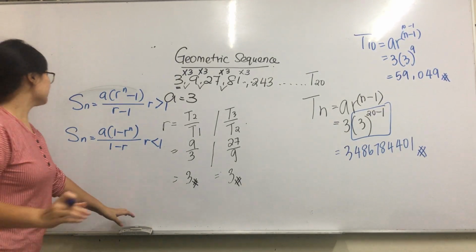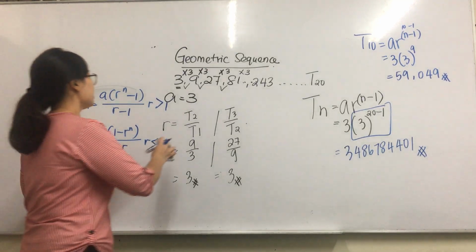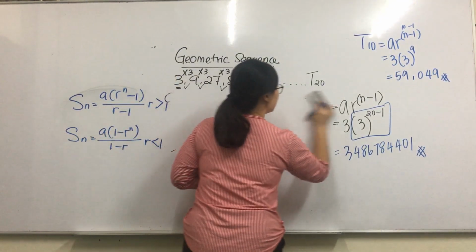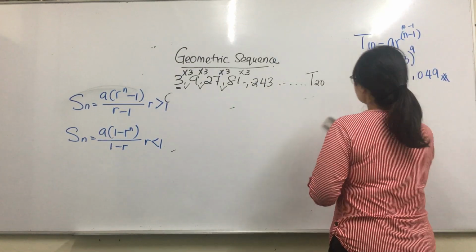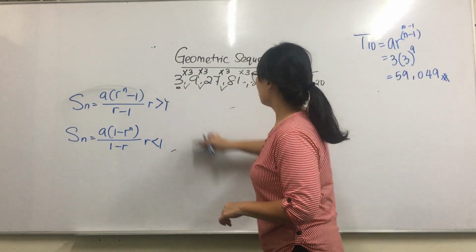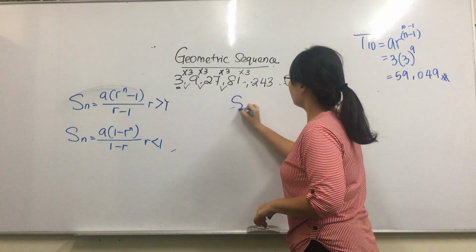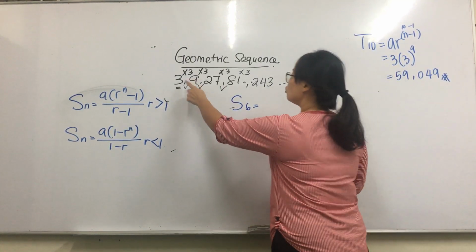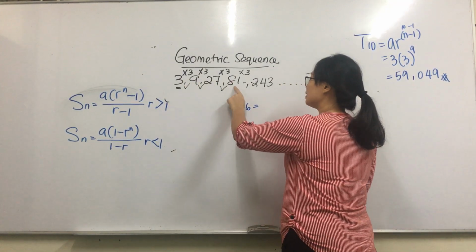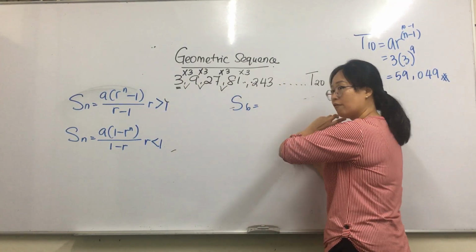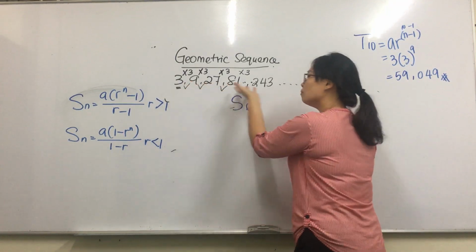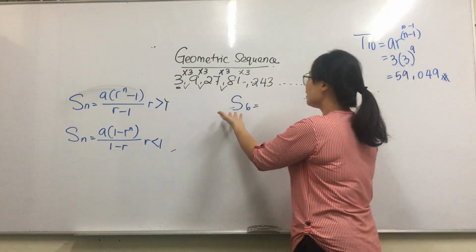Okay, so this is your sum. In your sum, let us look at this. If, let's say, I would like to find out what is the sum for the 6th term here. As you know, the sum is 3 plus 9 plus 27 plus 81 plus and so on, whatever, right? You can add if you know all the terms here. But let's say I do not know.